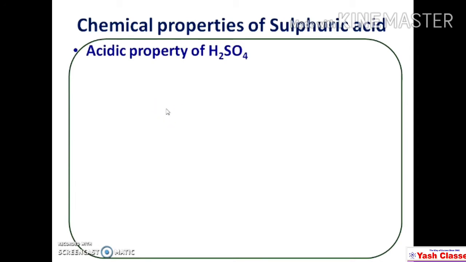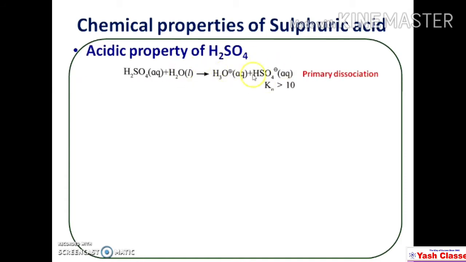As we all know, sulfuric acid is the king of chemicals and it is a strong acid. So when sulfuric acid is added in water, then by primary dissociation there is a formation of hydronium ion and hydrogen sulfate ion.